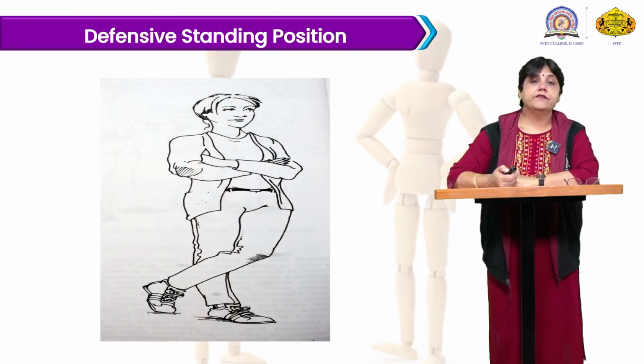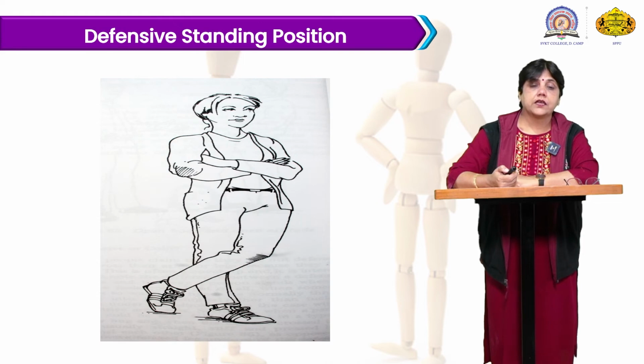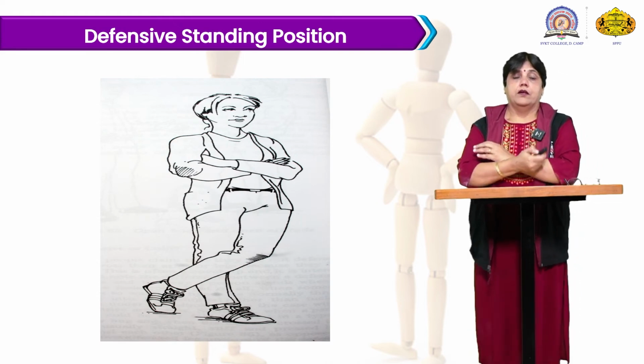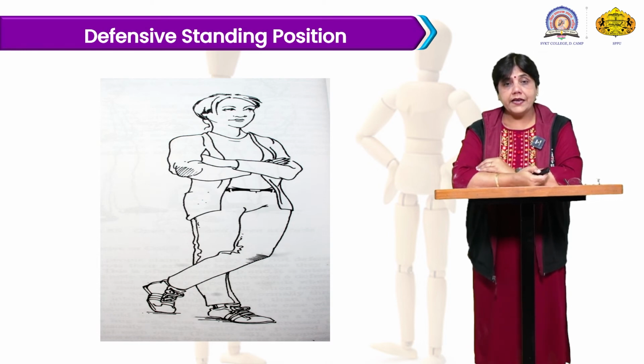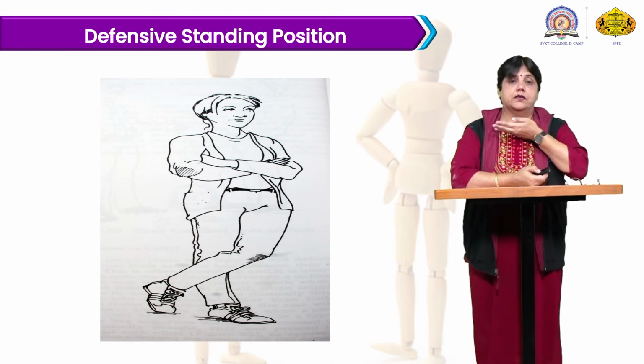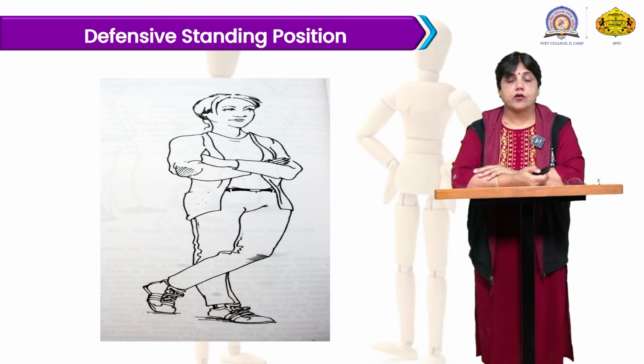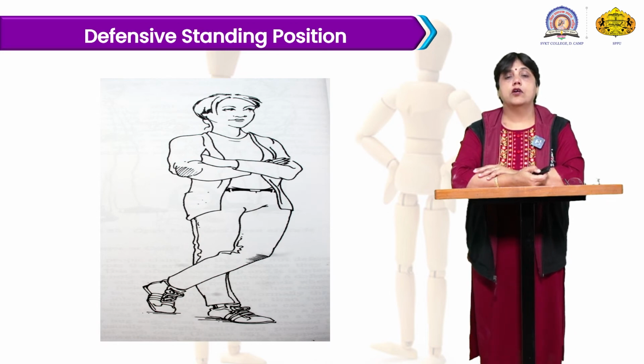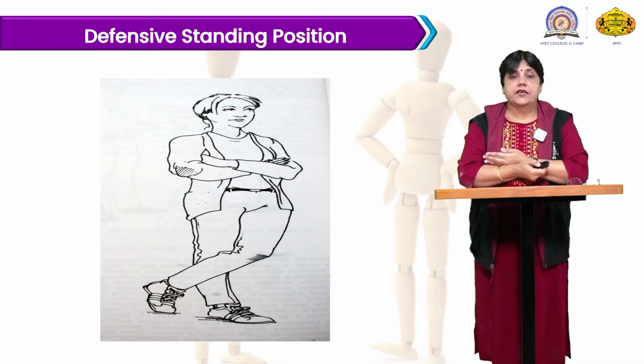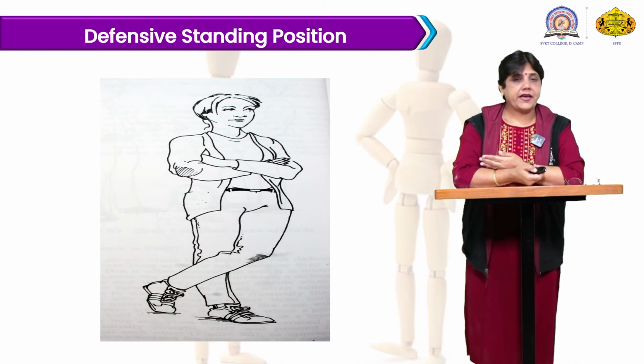Now, defensive standing position. The person is slightly standing in a backward posture, hands are crossed and legs are crossed. He is not attentive. He is slightly bending towards the backside.